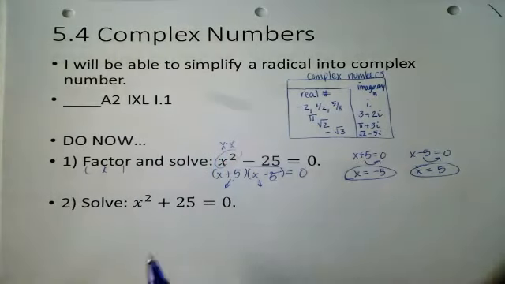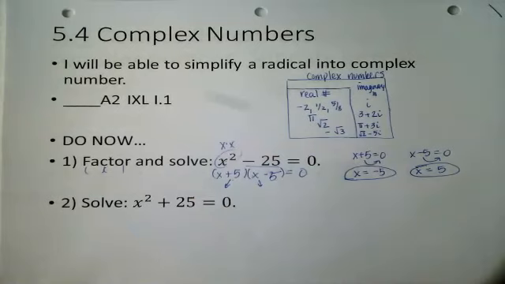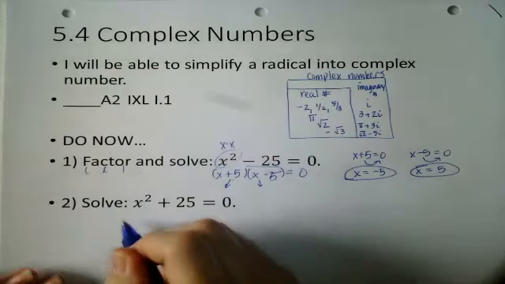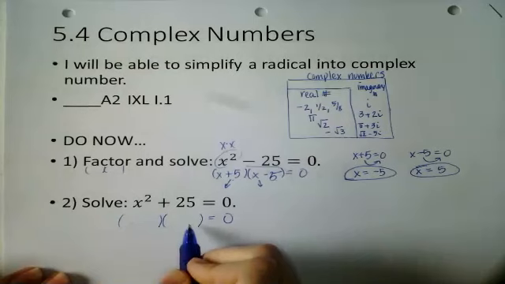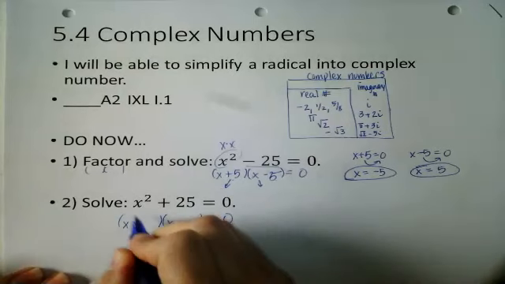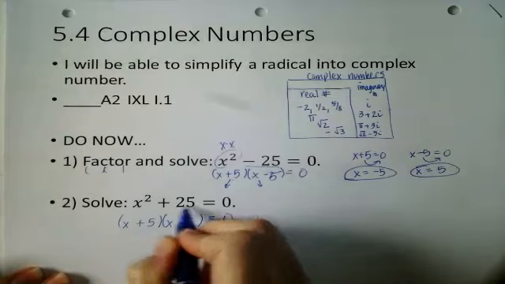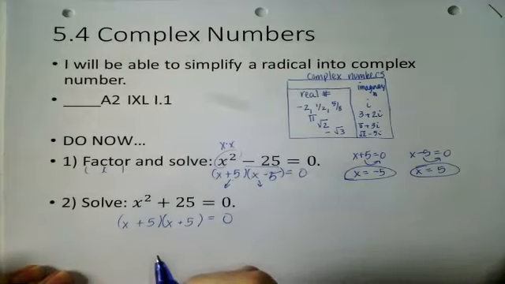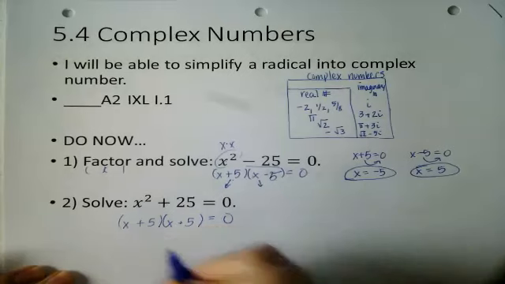Okay, so then the question is, well, what happens if I have x squared plus 25, and I want to be able to solve that? The problem is I cannot factor it because x times x is x squared, and positive 5 times positive 5 is positive 25. But this actually creates a different polynomial if I were to multiply out.